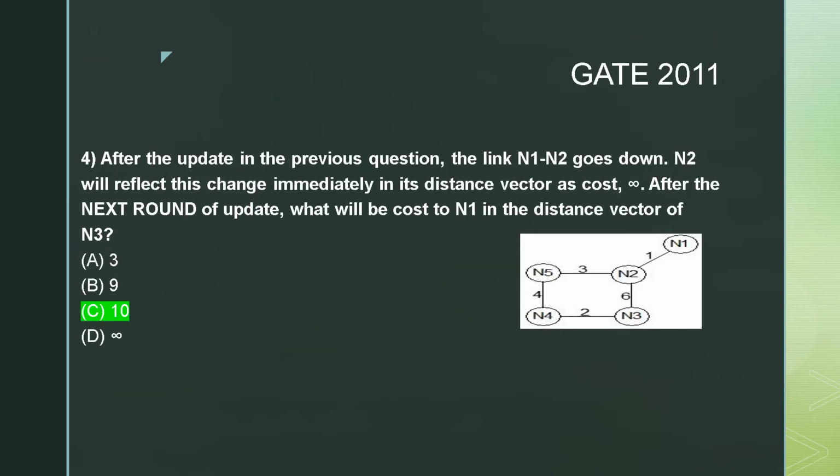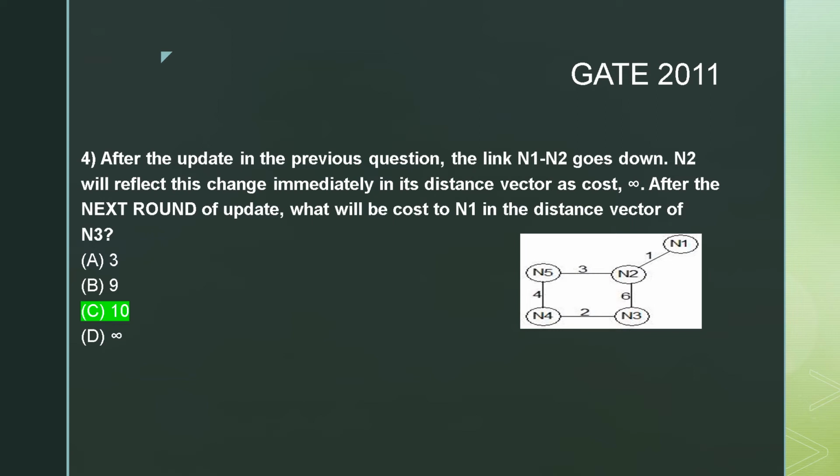The next question: after the update in the previous question, the link N1 to N2 goes down. Then N2 will reflect this change immediately in its distance vector as cost infinity. After the next round of update, what will be the cost to N1 in the distance vector of N3?